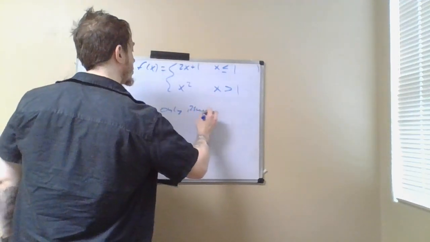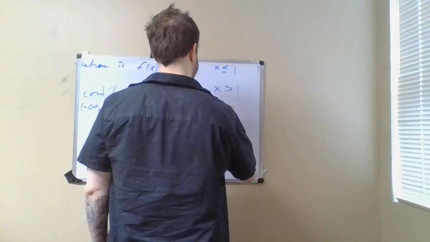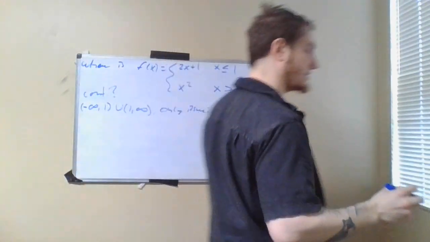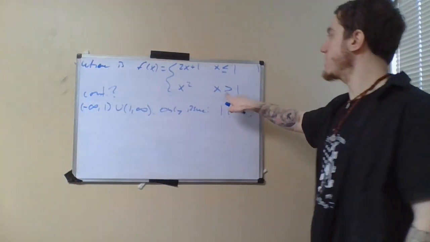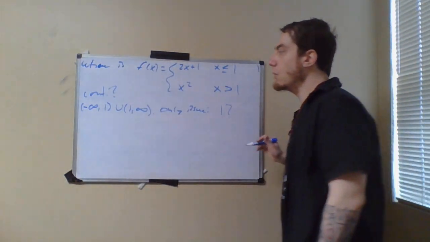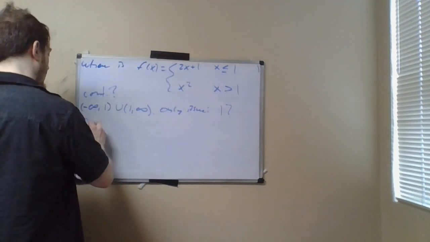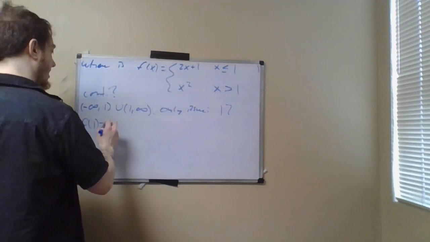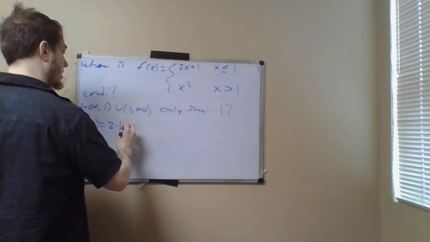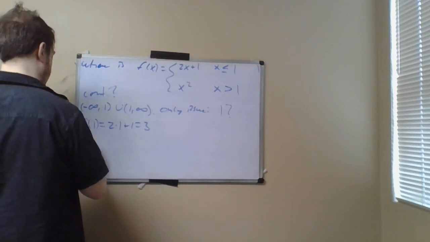The only issue is going to be at 1 itself. What happens as we approach 1? Well, f of 1 is defined. It is equal to 2 times 1 plus 1, which is 3.